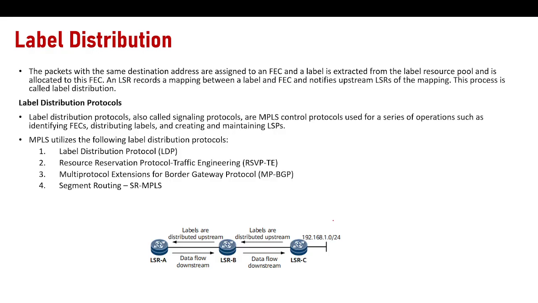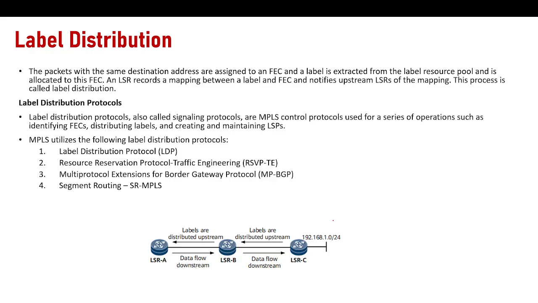For label distribution, sometimes we call them signaling protocols, we have different options. We can have LDP, we can have the Resource Reservation Protocol, RSVP or RSVP-TE with traffic engineering. You can have MP-BGP, the multi-protocol extension for BGP.